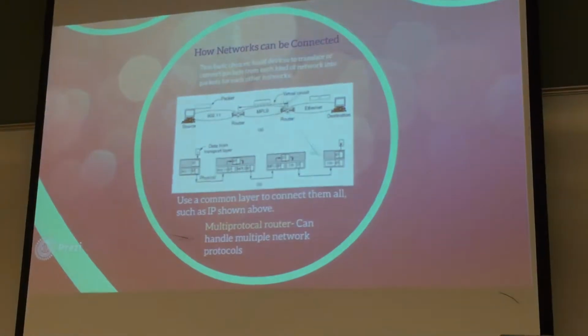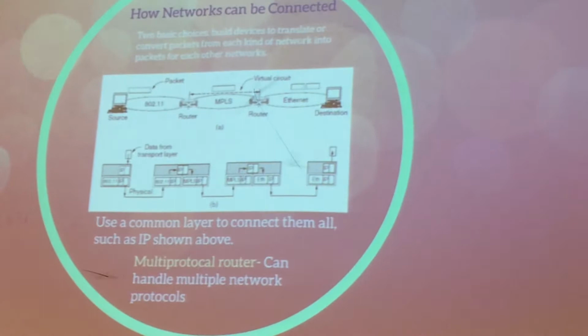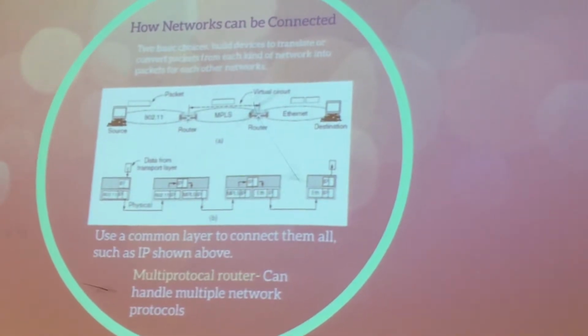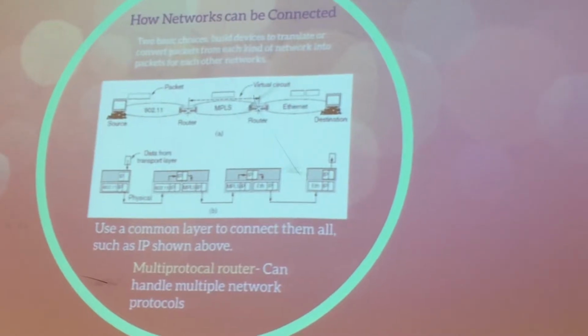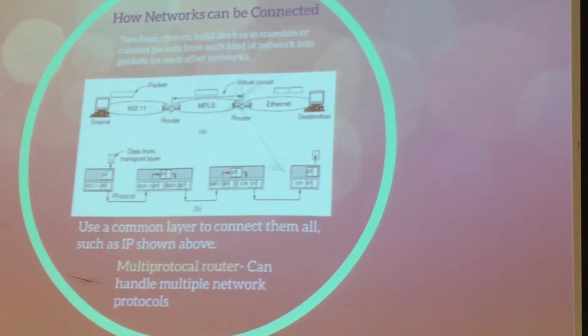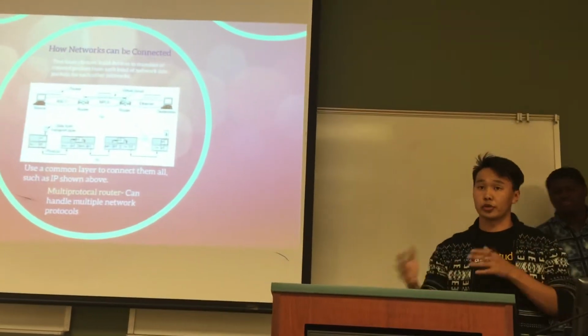Until today, we talked about different types of devices, hubs, switches, routers, etc. In this particular session, we are focusing more on routers. So how can routers pass packets to each other?